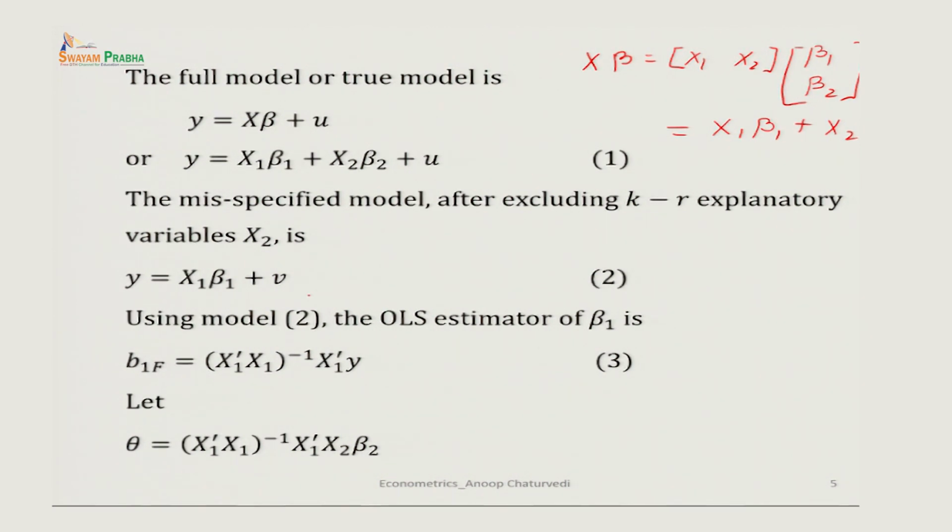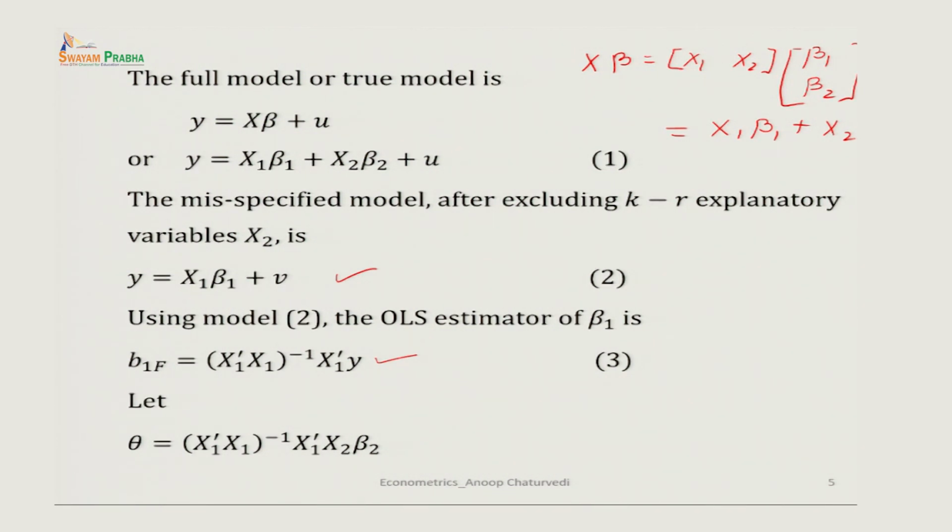If we apply the method of least squares to this model 2, the misspecified model, then we obtain the OLS estimator of beta 1 as b 1F equal to X 1 transpose X 1 inverse X 1 transpose y. So, this is the least square estimator of beta 1 based on this misspecified model. Now, suppose we write theta equal to X 1 transpose X 1 inverse X 1 transpose X 2 beta 2.